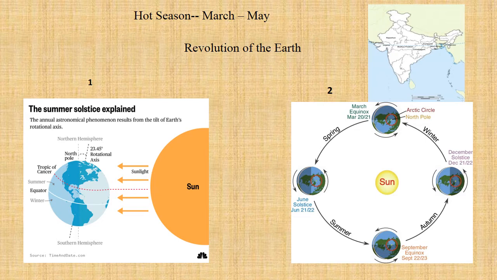Now, if you pay attention to diagram number 2, the seasons are explained in this diagram. From March to June, we have intense heat in our country. So the summer season falls there. From March to June, the landmass and the water body both get heated in our country. And this helps to develop the pressure difference over the landmass and the water body.